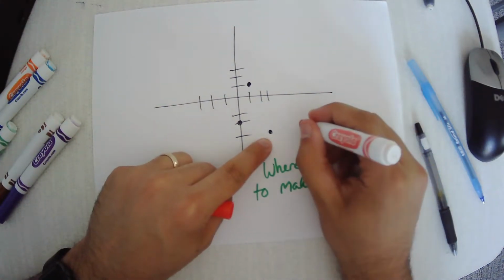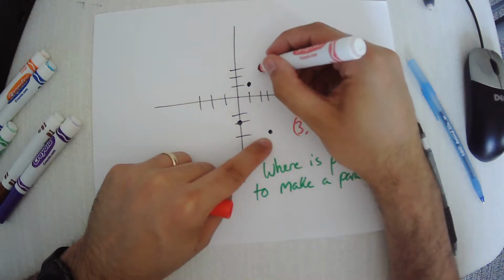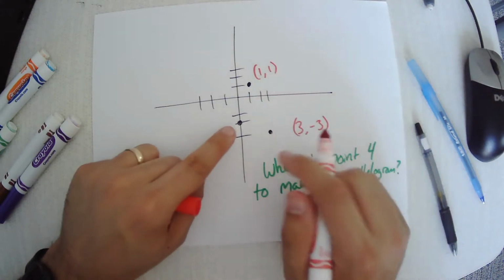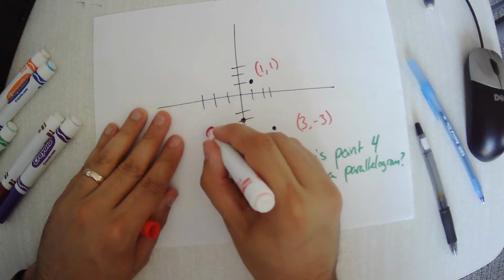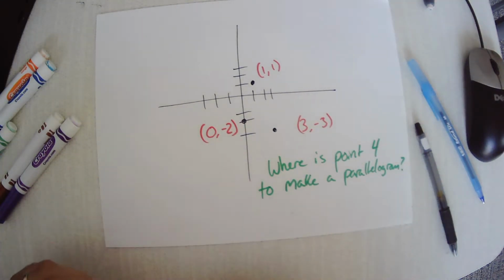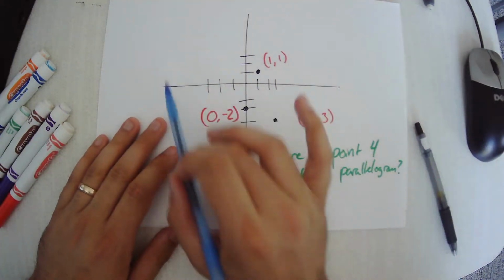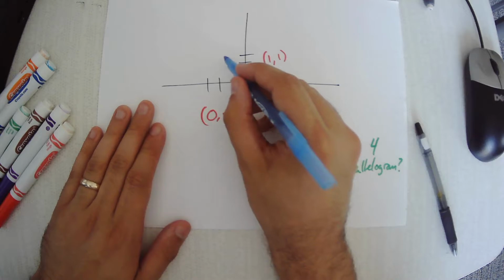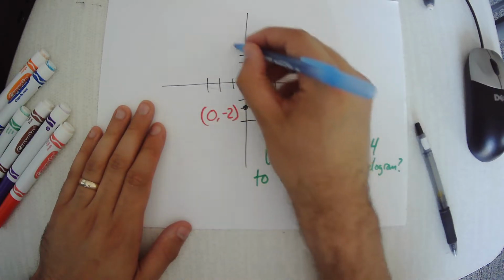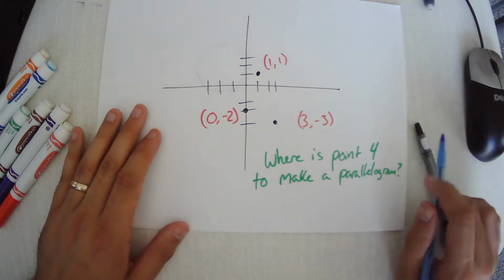This is 3, -3. This is 1, 1. This is 0, -2. There are 3 different places we could put it. And let's say I told you it's somewhere over in this area.